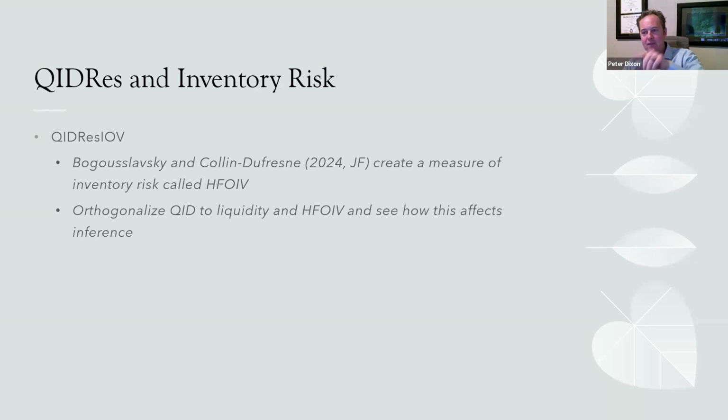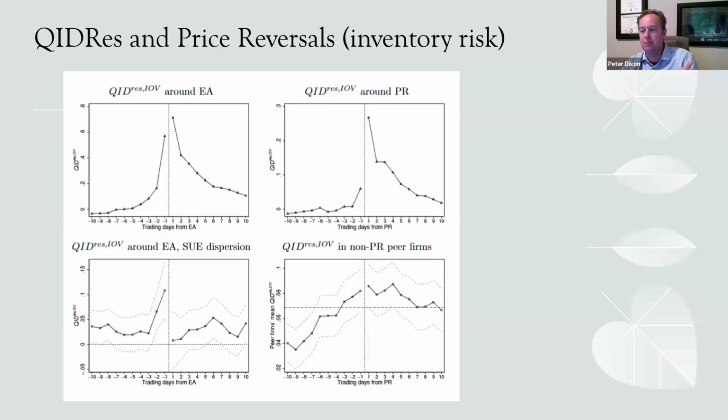Basically, if inventory risk is messing up quid, we should see quid work a lot better once we add this additional layer of controls. And we don't. It works basically the same. That's the first way we get at whether this is inventory risk. So QuidRes IOV around these things works. It does basically the exact same thing.